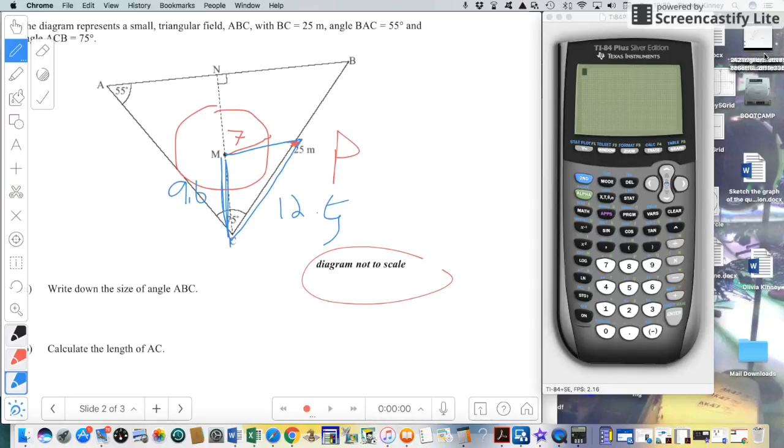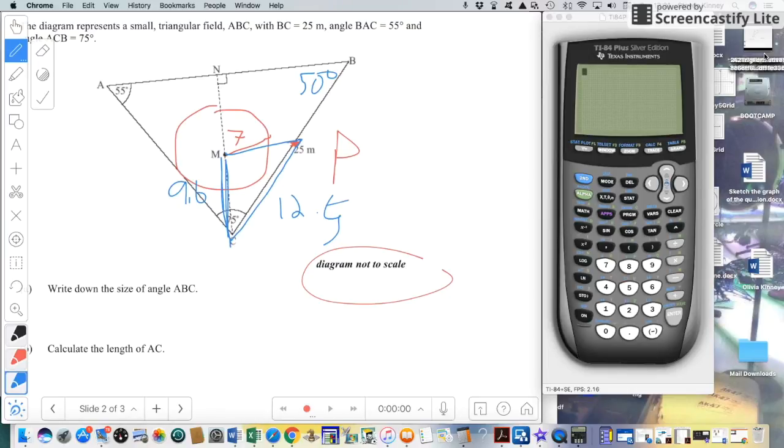I also need the angle MCP. So before I had found the angle up here was 50 degrees. So 90, 50, 140. So this angle down here must be 40 degrees, MCP.